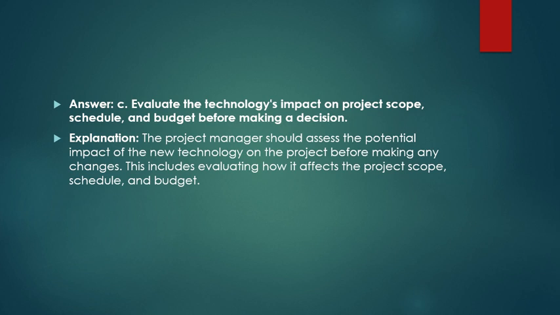Evaluate the technology's impact on project scope, schedule, and budget before making a decision. The project manager should assess the potential impact of the new technology on the project before making any changes. This includes evaluating how it affects the project scope, schedule, and budget.